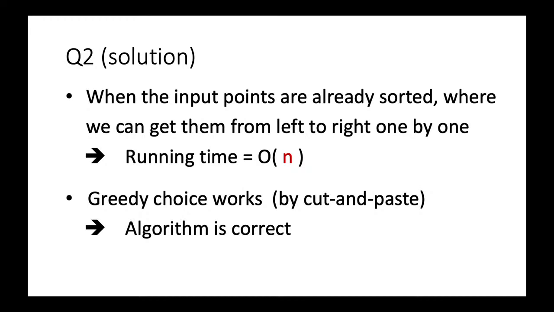Now a different case is when the two leftmost points are close to each other. In our case, we are covering them with the same line segment. An optimal algorithm may not be doing so. For instance, it may just use one line segment to cover the leftmost point only without covering the other one.